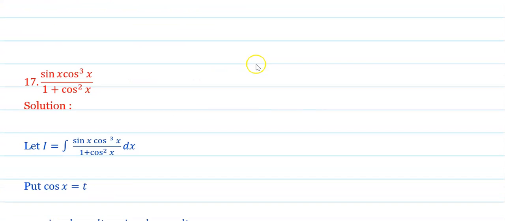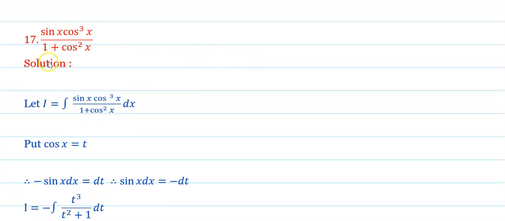Now the next problem, number 17. I think this is the last problem. I is equal to integral of sin x cos cube x upon 1 plus cos square x into dx. Here also sin x dx is there. We will consider cos x as t. What is the derivative of cos x?